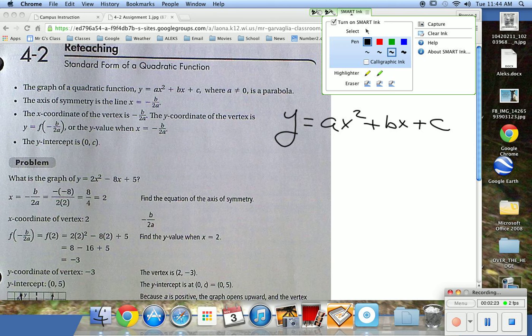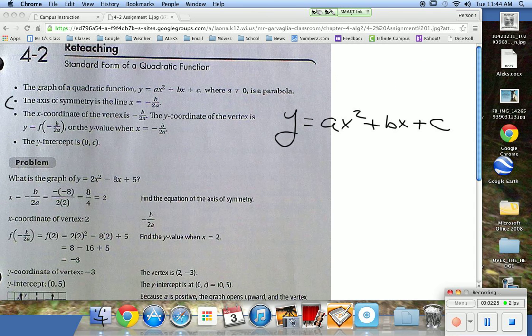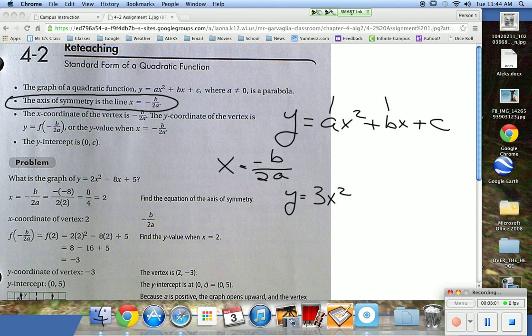All right. You worked on axis of symmetry on your last assignment. This is how we figure out the axis of symmetry. We take a look at the a coefficient and the b coefficient. The formula for the axis of symmetry for the x is x equals negative b over 2a. Let's use an example: y equals 3x squared plus 2x plus 4.